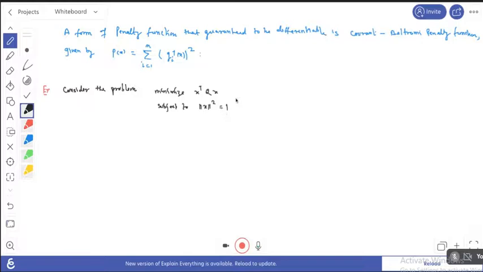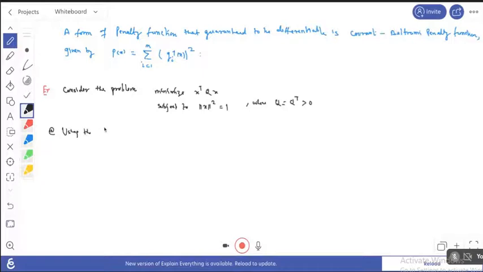Okay, and what is Q here? You know that this is a symmetric matrix, Q equals Q transpose, and it is positive definite.